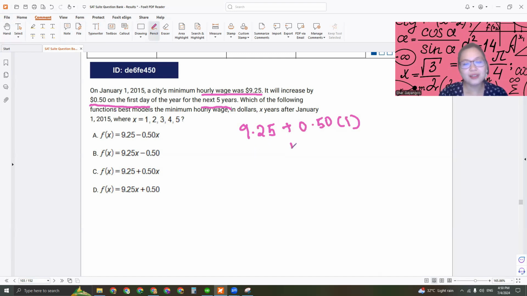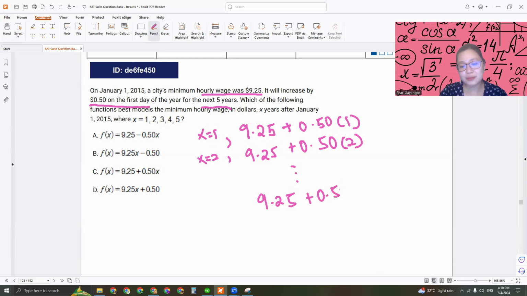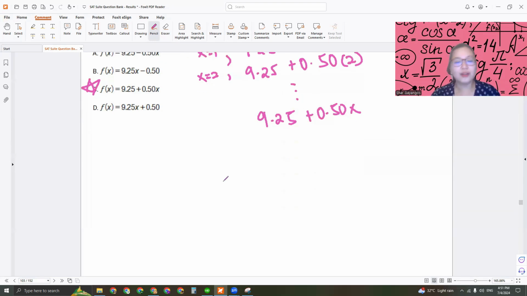And then the year after that will be 0.50 times 2. This is x is equal to 2. Correct? And then it continues. So in general, we have 9.25 plus 0.50x. So meaning after x years, we're just using 0.50 as a multiplier to determine how much we're adding on the minimum wage. All right.